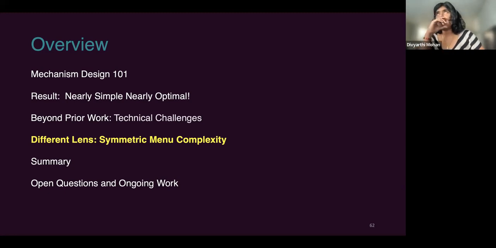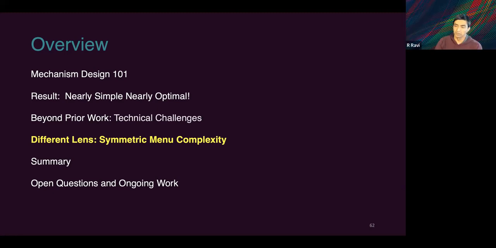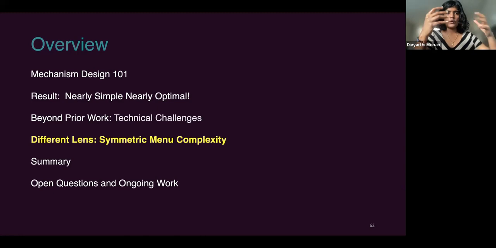So let me just clarify it once more. I didn't fully explain what I meant, but that's exactly what we're doing. In general, an optimal solution has some mass on different allocation and price probabilities, but we are trying to find a solution where the allocations are just permutations of each other.